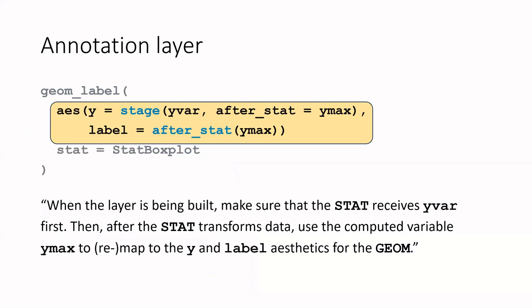And roughly speaking, this new piece of code here says, when the layer is being built, make sure that the stat receives yvar first. Then, after the stat transforms the data, use the computed variable ymax to remap to the y and label aesthetics for the geom.